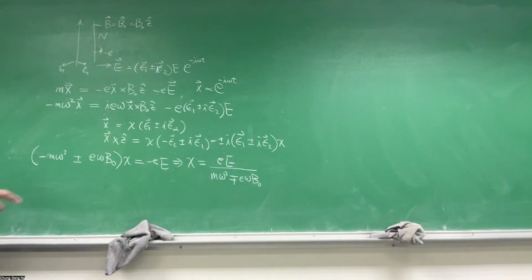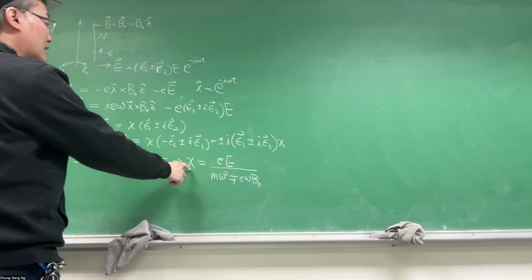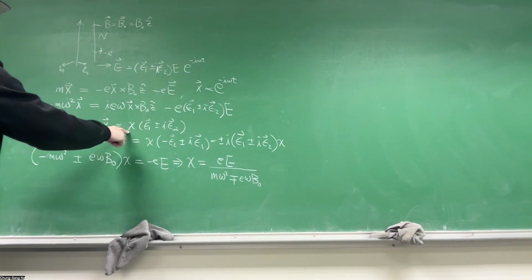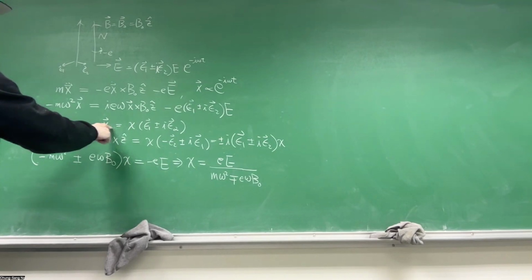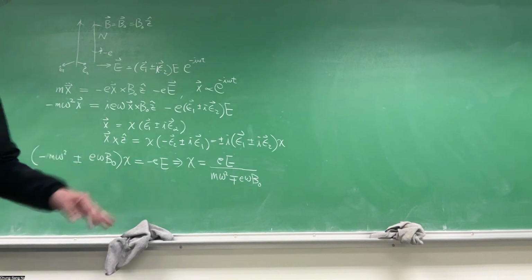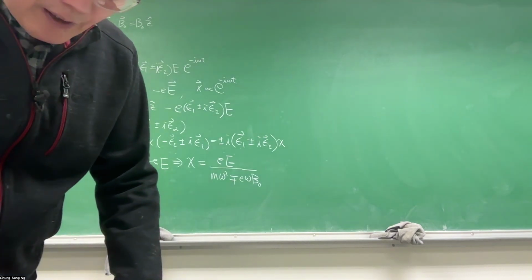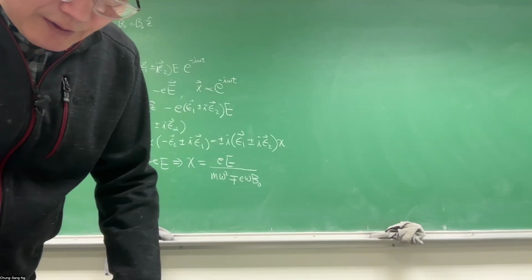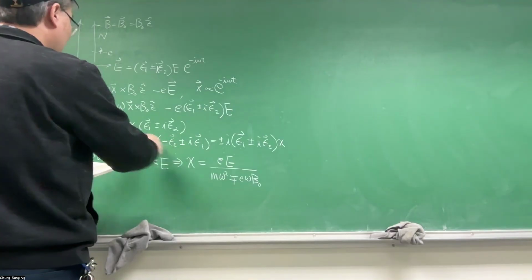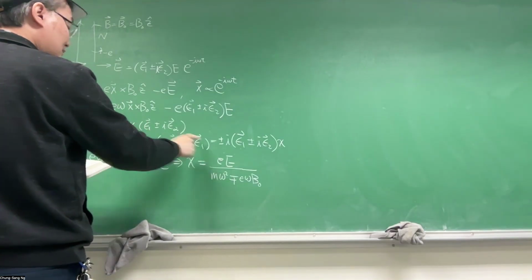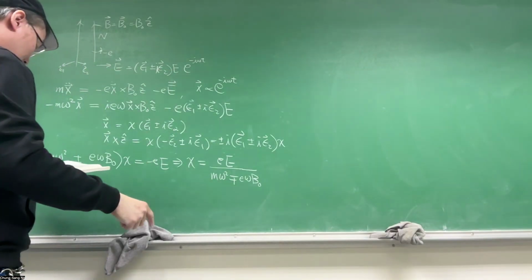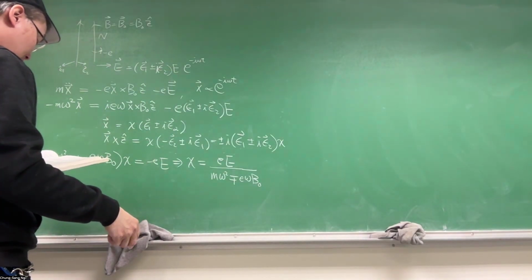Okay, so that's x, and then obviously this x goes into here. That becomes the vector x, which would be equation 7.65. You put it back to here, that becomes a vector x, and then you combine this with E, that's the electric field E. So that is 7.65.